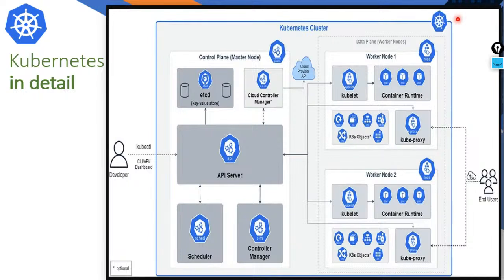That is as simple as a definition of a cluster. So we say a cluster is a combination. In Kubernetes, you have a combination of the control plane, which is the master node, and these are the worker nodes.